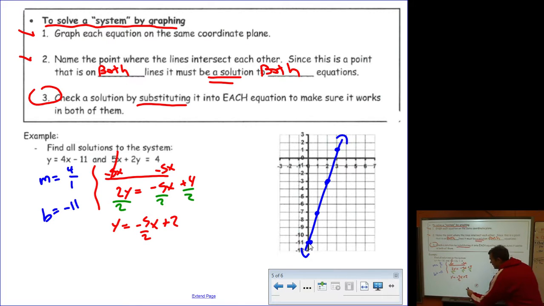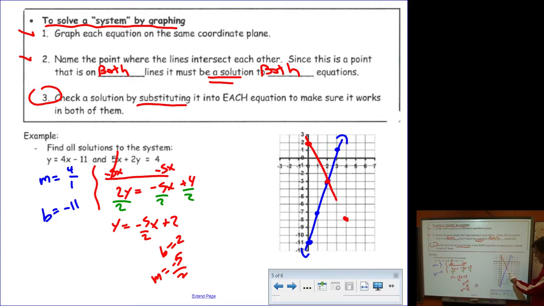So that one has a y-intercept of 2 and a slope of negative 5 over 2. I would put a dot at 2 on the y-axis, and I would go down 5, right 2, down 5, right 2, and I can draw that line.